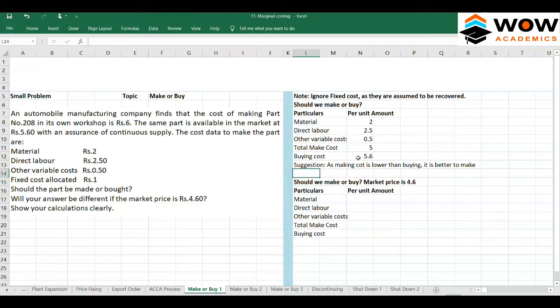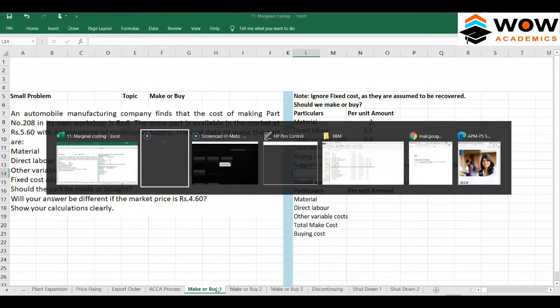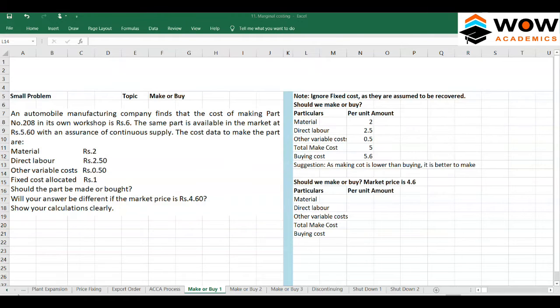And so if the same product could be bought for 4.6, then we should buy that product, because our total make cost itself is 5.